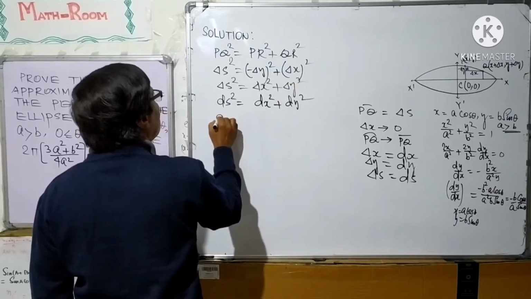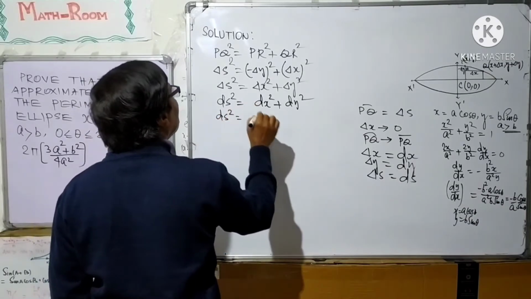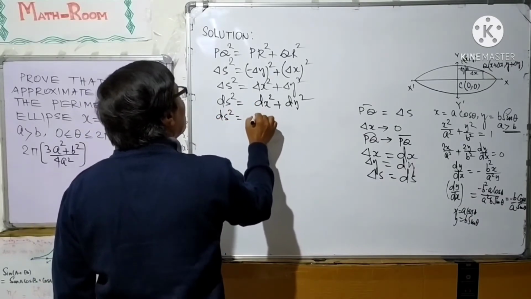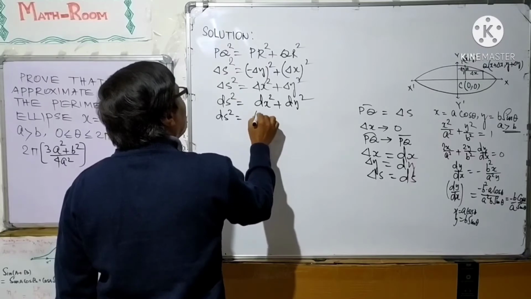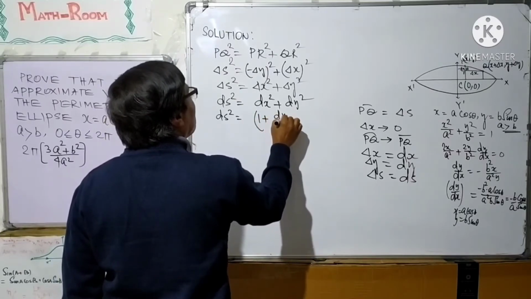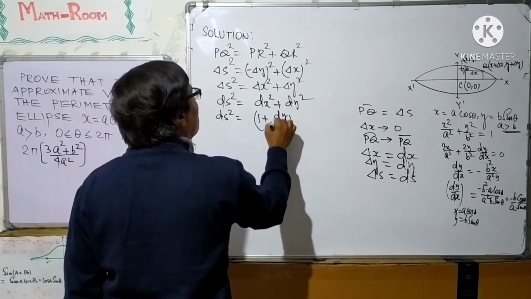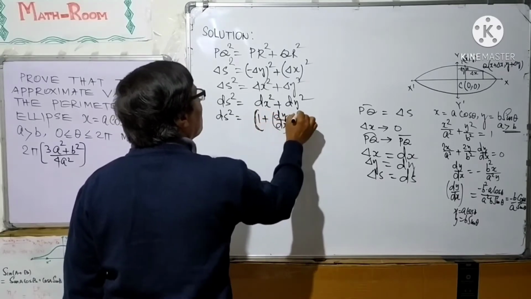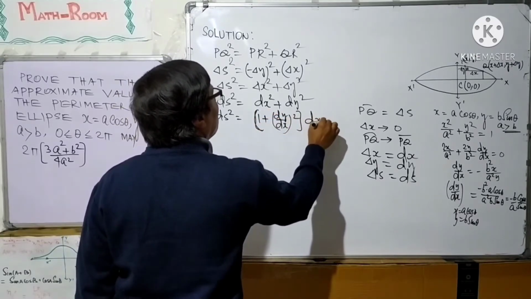So ds square equal to 1 plus (dy by dx) whole square, into dx square.